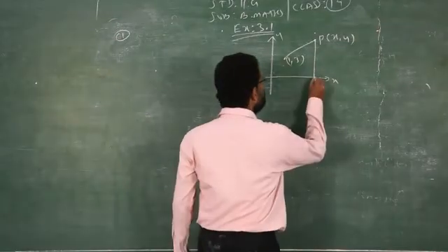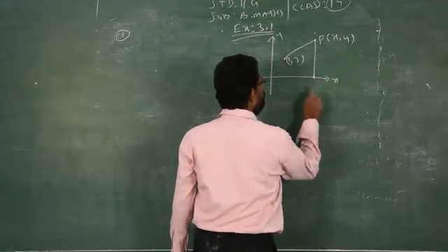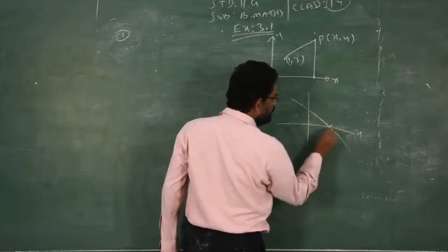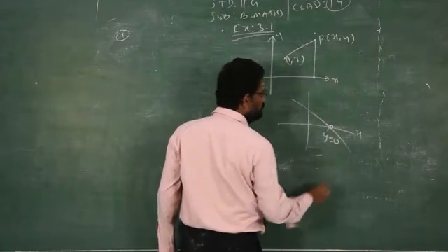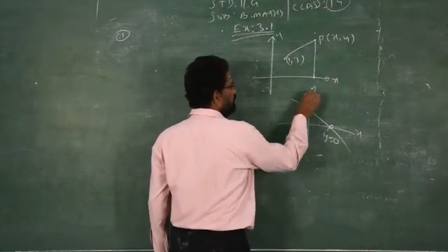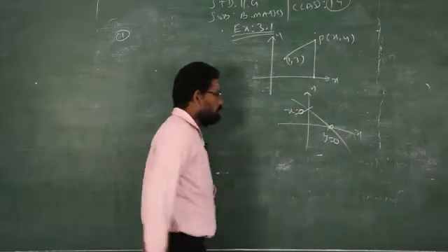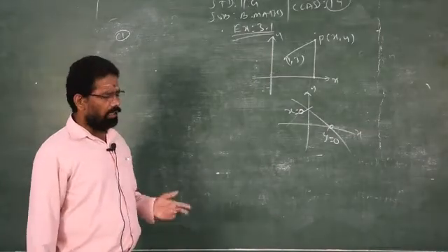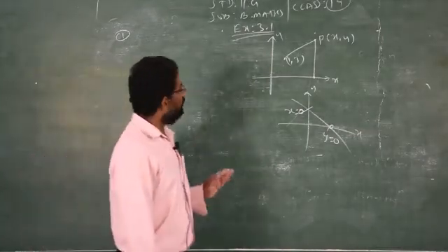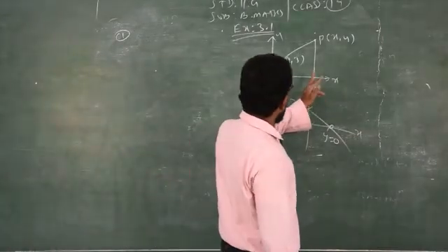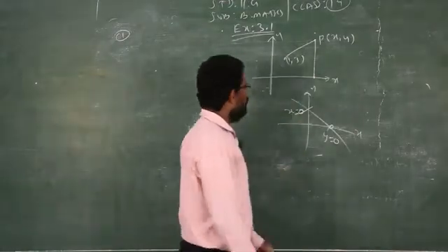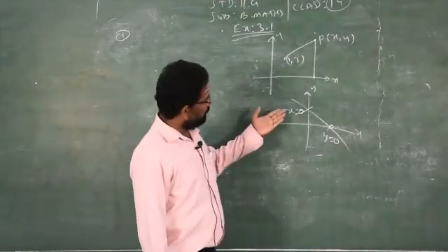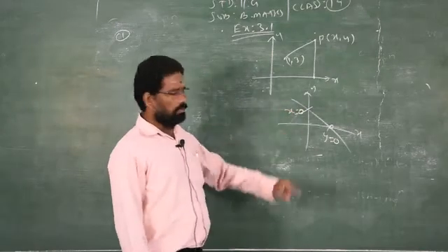If any straight line meets the x axis, y will always be 0. On the y axis, x is always 0. That is the concept you studied in the lower classes. Any straight line or any curve, whatever it is, if it meets the x axis, y is always 0. When it meets the y axis, x will always be 0.